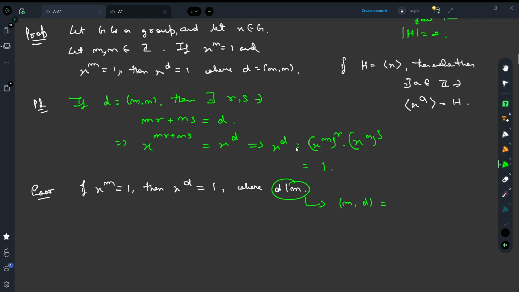Because if d divides m, then the GCD of m and d is d. Right, the greatest common divisor of m and d is d. So we have just found out the fact here is that if x to the power m is equal to 1, so yeah, we can bring this out from the proposition itself, right?